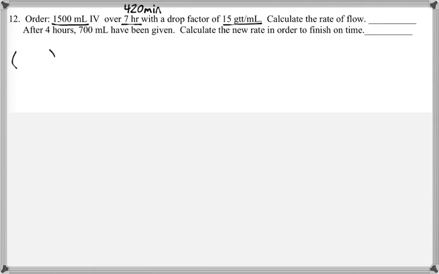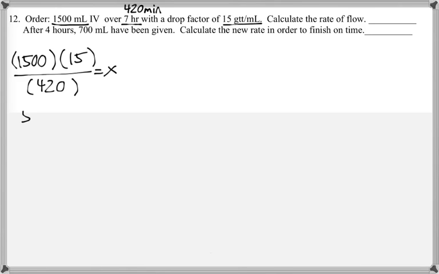So my formula is going to be 1500 times 15 divided by 420. And if we round this to the nearest whole number, we get 54 GTT per minute.